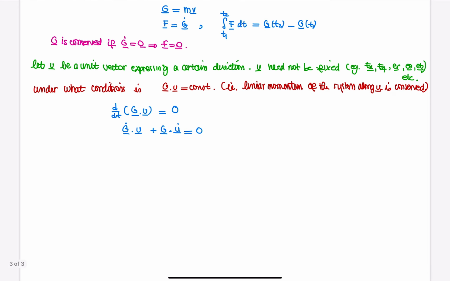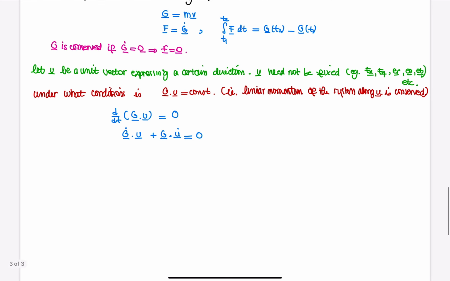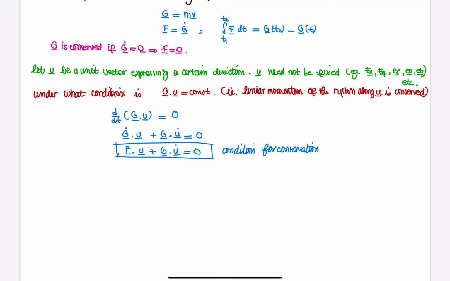And I can replace G dot by F. F dot U plus G dot U dot is equal to 0. That's our condition for conservation of linear momentum along U.